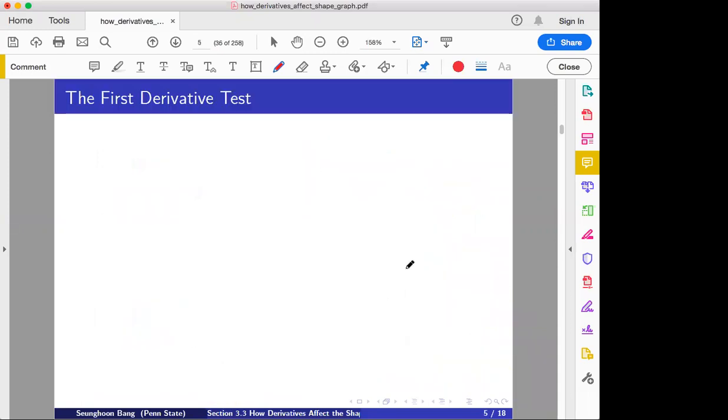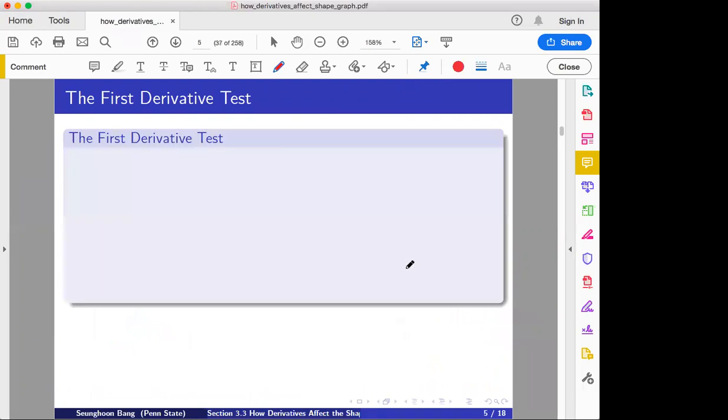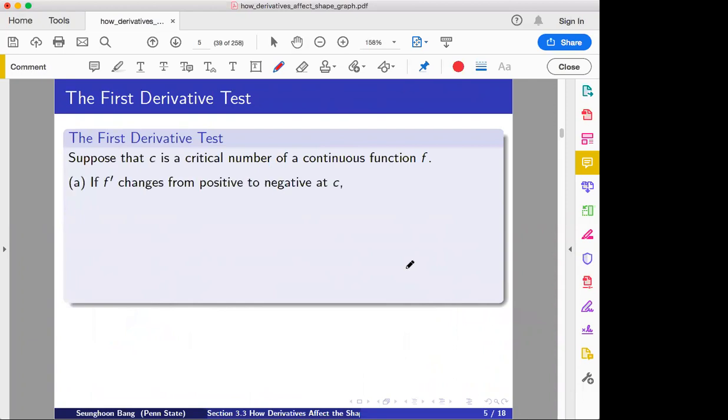Here, the first derivative test. This is a method for finding local maximum and local minimum. Suppose that C is a critical number of a continuous function f.